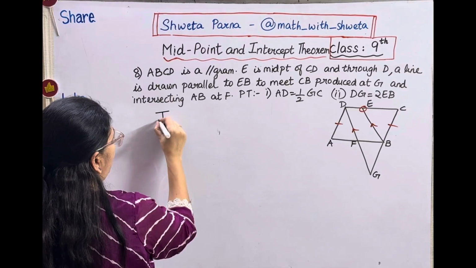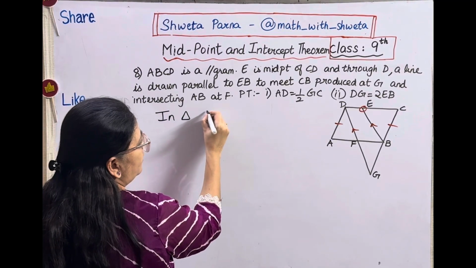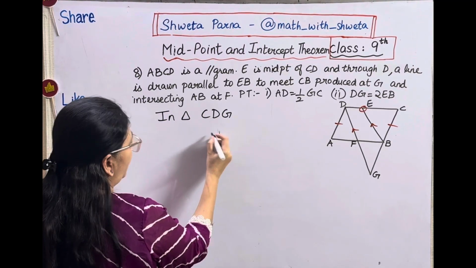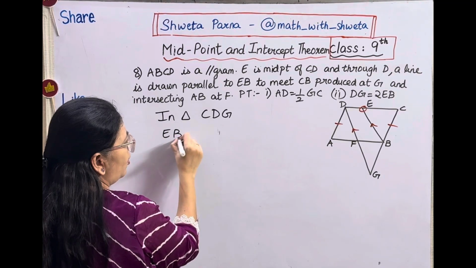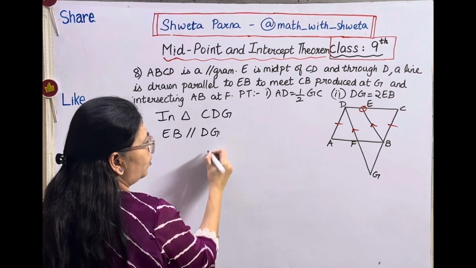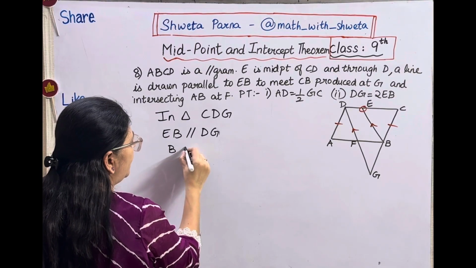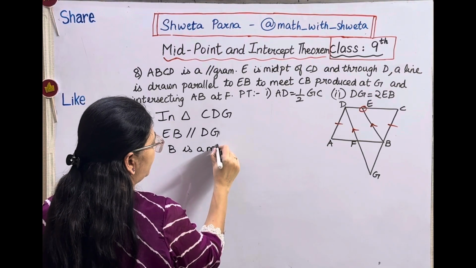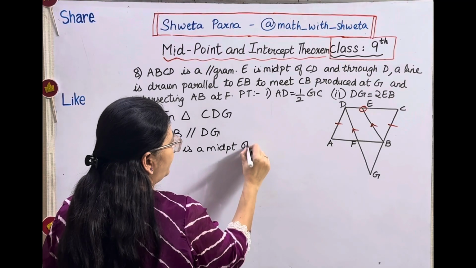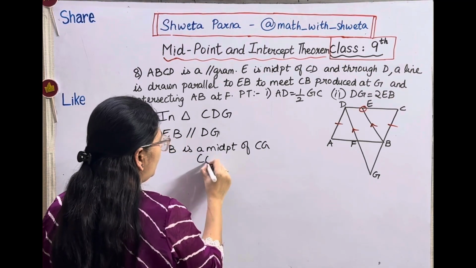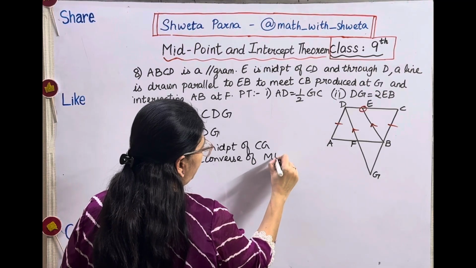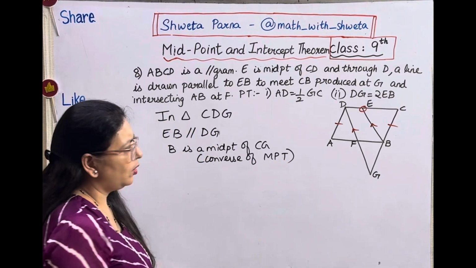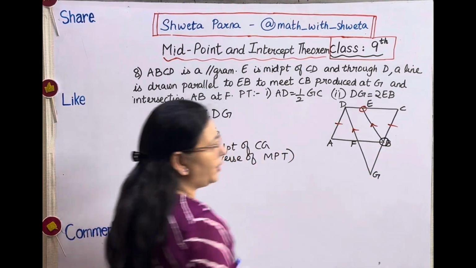So in triangle CDG, E is a midpoint given to you and EB is already given that it is parallel to DG. That means B is a midpoint of CG. What is the reason? Converse of midpoint theorem.